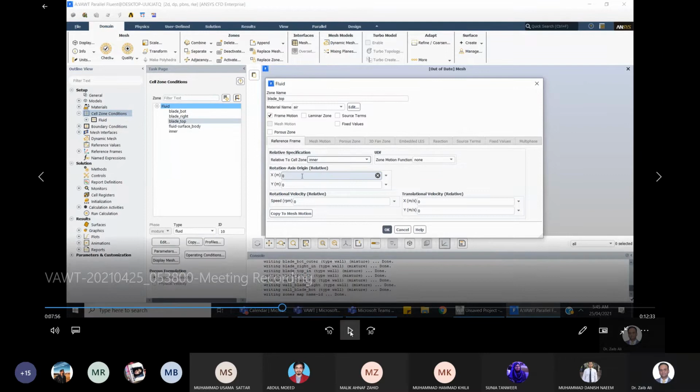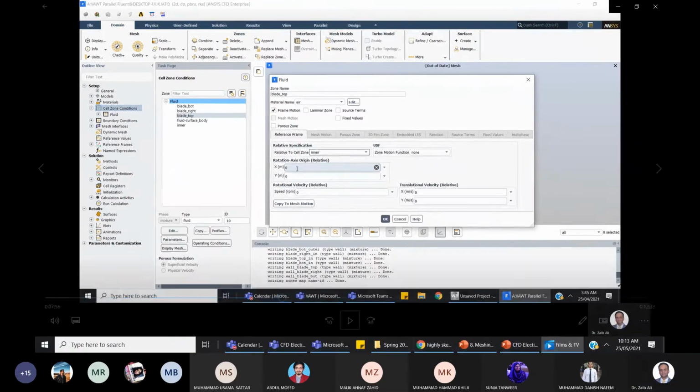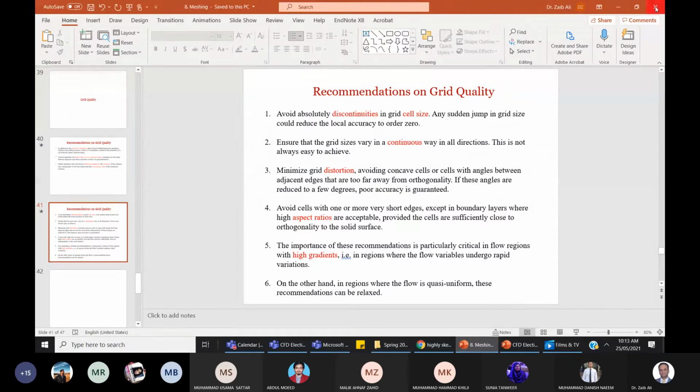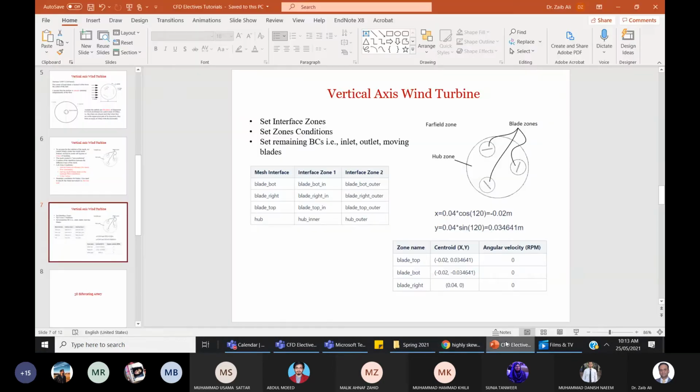Let me show you what I'm doing. What we have just done is that for this hub zone, we have prescribed a motion of 40 rpm in the absolute sense.